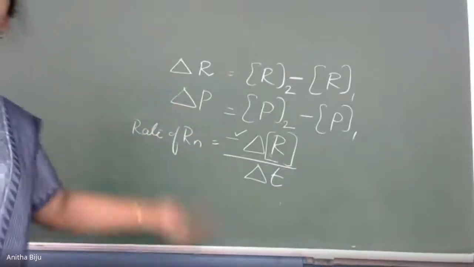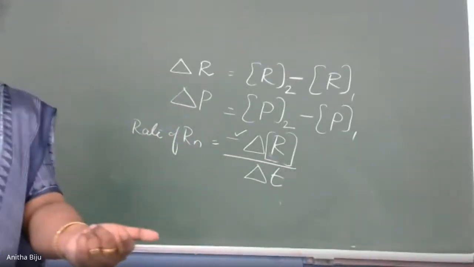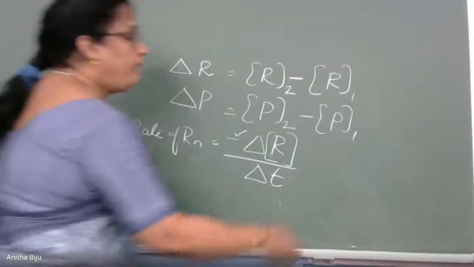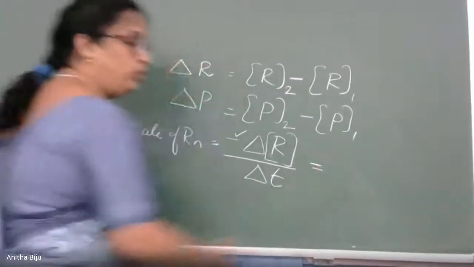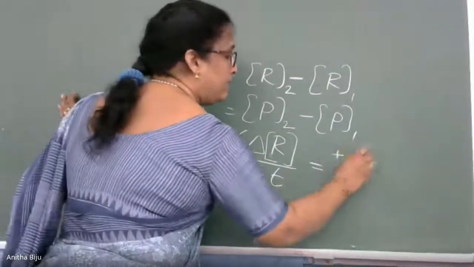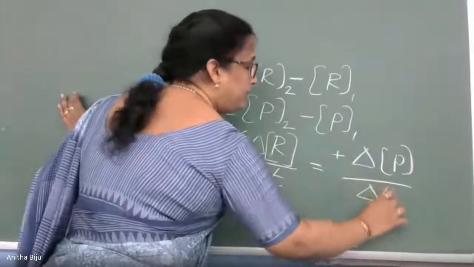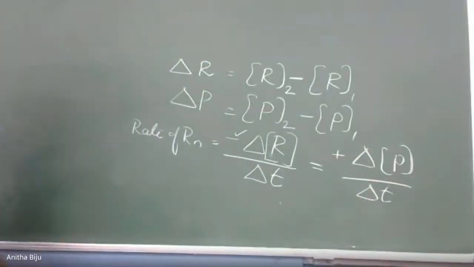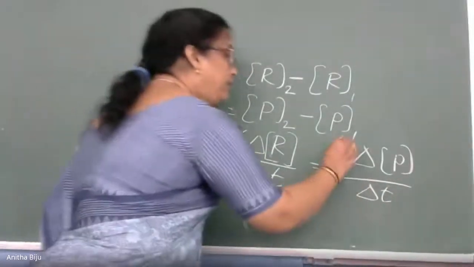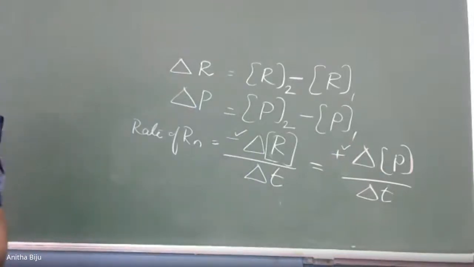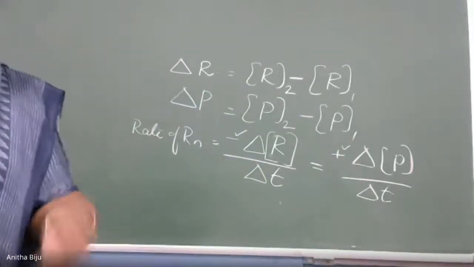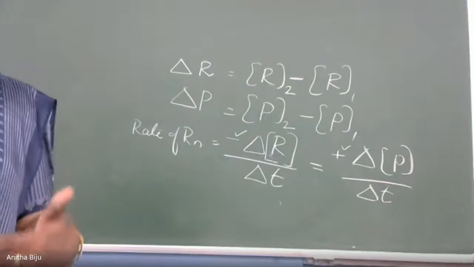Or the same rate we can express in terms of products also. It is equal to plus delta P by delta T. Again, there is a significant sign, plus. What does plus indicate? Increase in concentration of product.